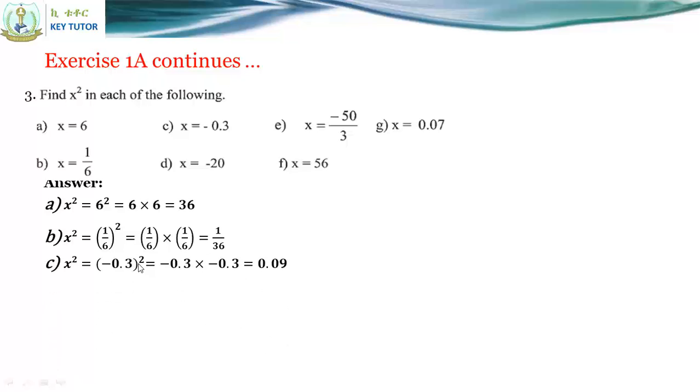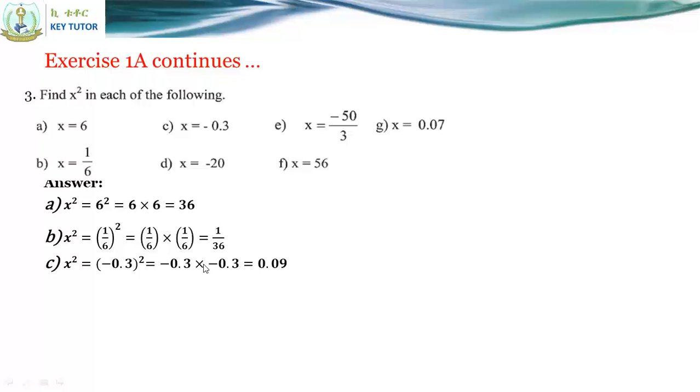Negative 0.3 square, you can write negative 0.3 as negative 3 over 10 times negative 3 over 10, which is 9 over 100, but this time positive. So 9 over 100 is 0.09.